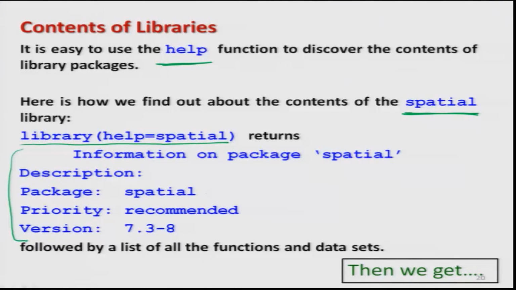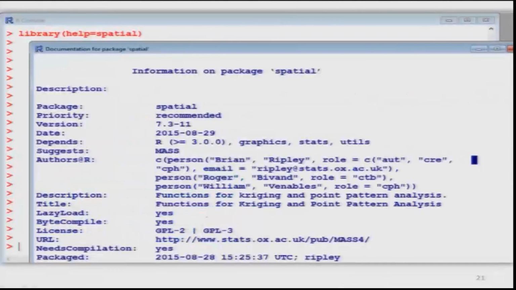The package name is spatial, then priority, and the version. After this, it gives you all the details about this package. Here you can see the screenshot of library(help = spatial).